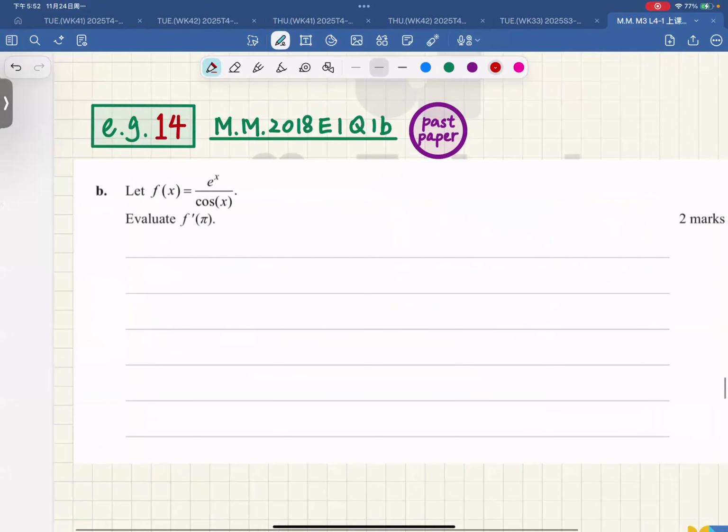Don't worry about the differentiation because we're going to learn differentiation in module 7.